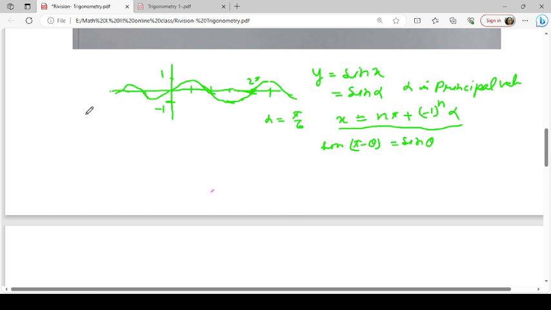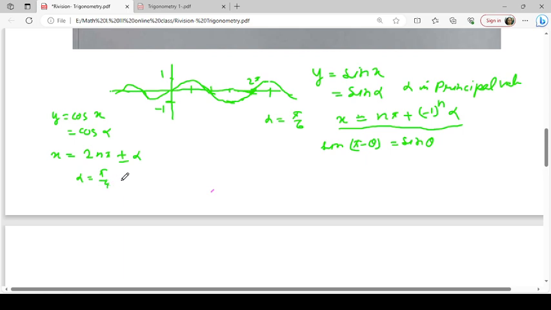In the case of cosine, we write: if y is equal to cos x is equal to cos alpha, then alpha is the principal value, then x is equal to twice n pi plus minus alpha. So suppose alpha is pi by 4, it is the principal value.